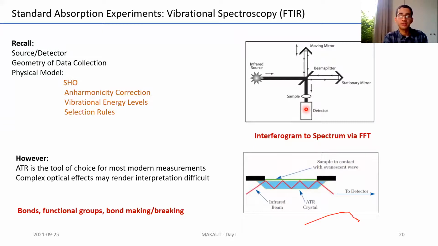The advantage is that you get information about all wavelengths at the same time. Then, once you have the interferogram, you apply a Fourier transform, a mathematical technique which helps you transform from the time to the frequency domain, and you use this to find spectra.